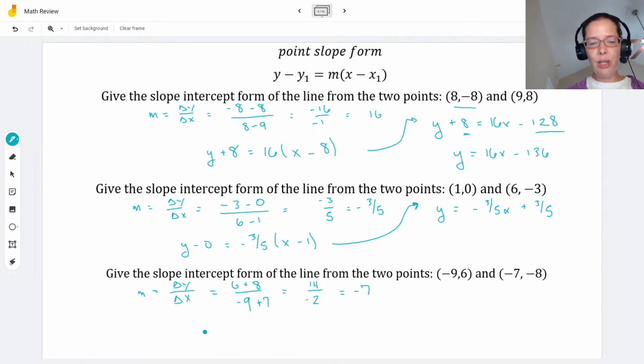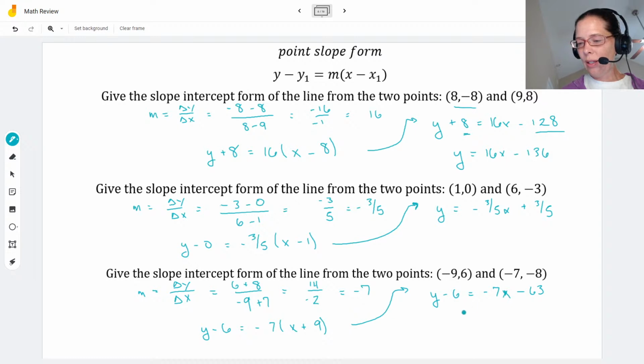Again, using point slope form, we have y minus 6. Our slope is -7, and that's going to change the sign. Let's just continue to simplify here. And that is going to be a -63 for that x.